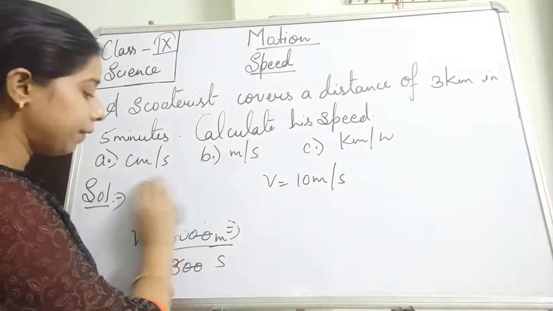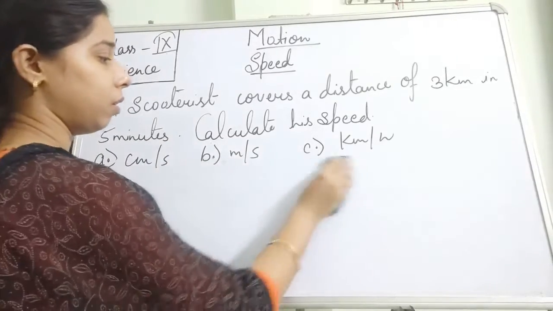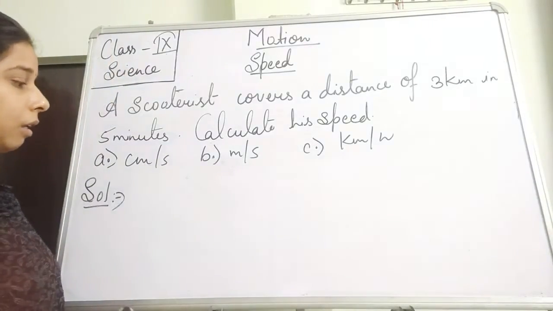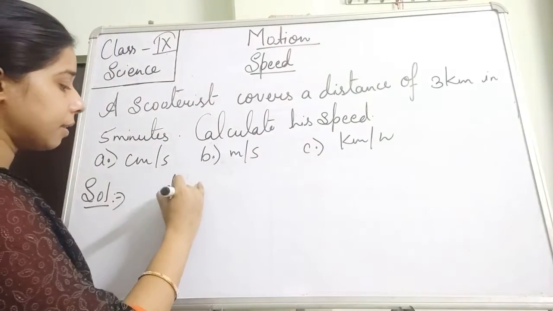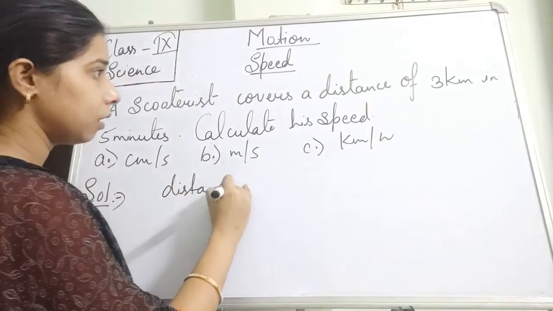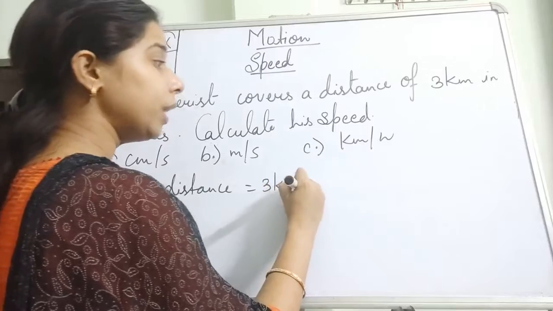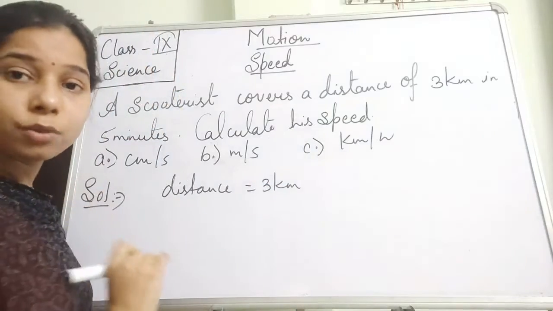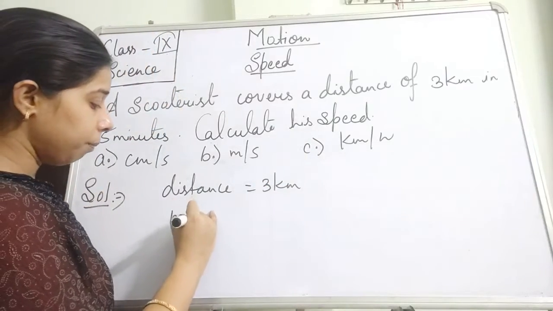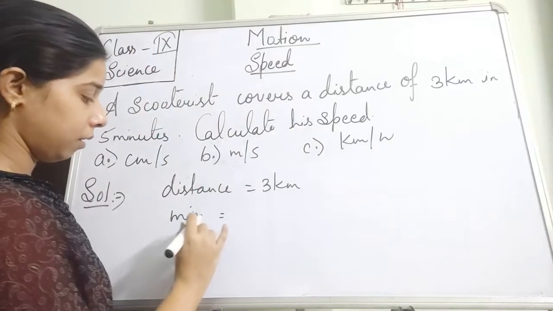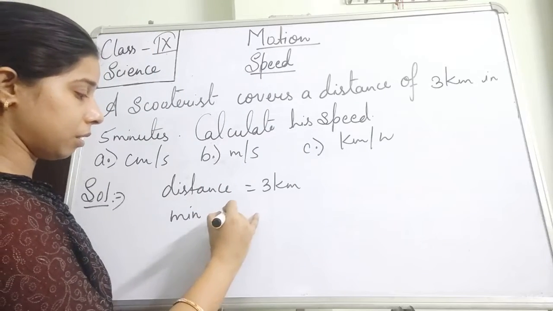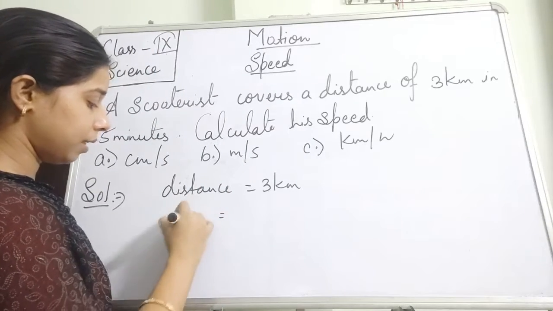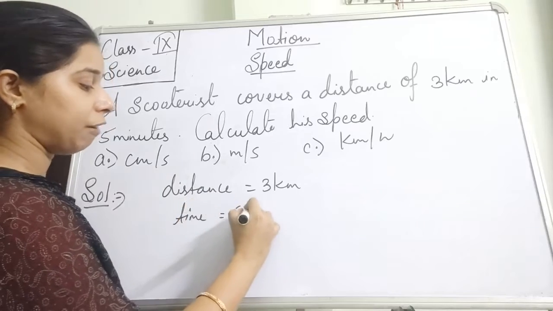Moving on, we will see kilometers per hour. You can see here that the distance is already given in kilometers, so there is no need to convert it. What we have to convert here are the minutes. The time is equal to 5 minutes.